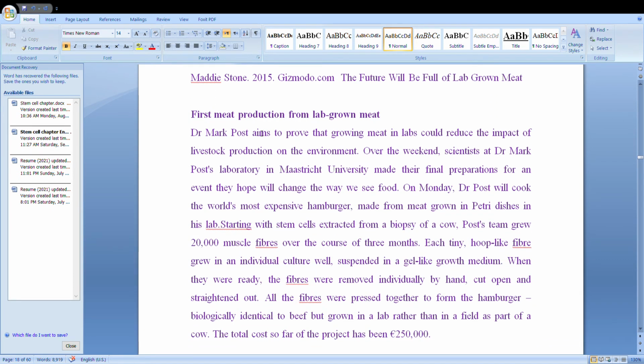First meat production from lab grown meats. Dr. Mark Post invented this first in the laboratory at Maastricht University, Netherlands. He started this research and he succeeded.